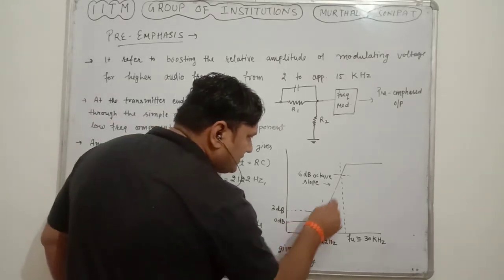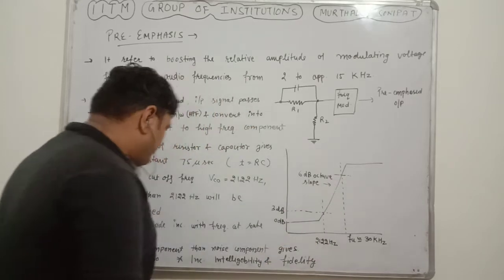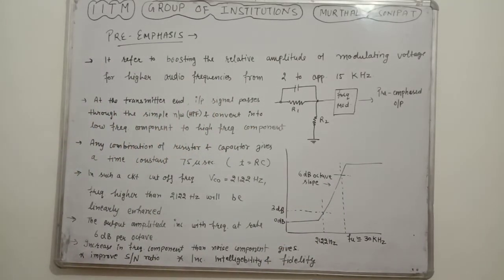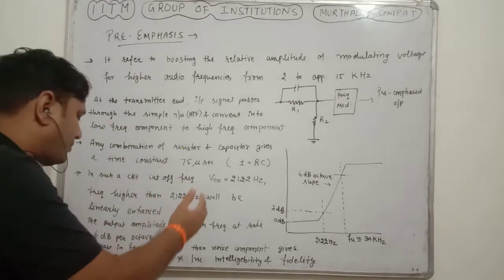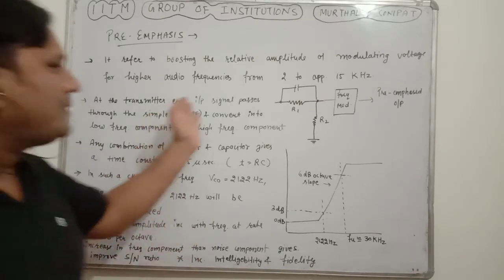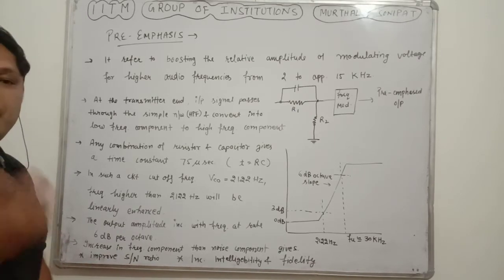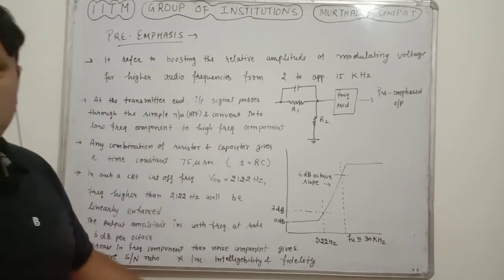Now, because of the increase in frequency components, we apply a low frequency component and after passing through the network we have a high frequency component which is greater than the noise component. That's why when we are calculating the signal power, we neglect the noise power.